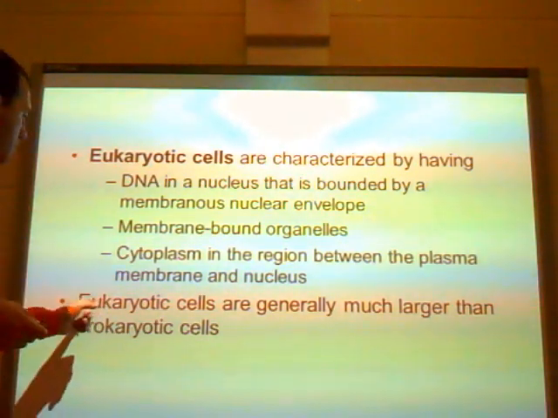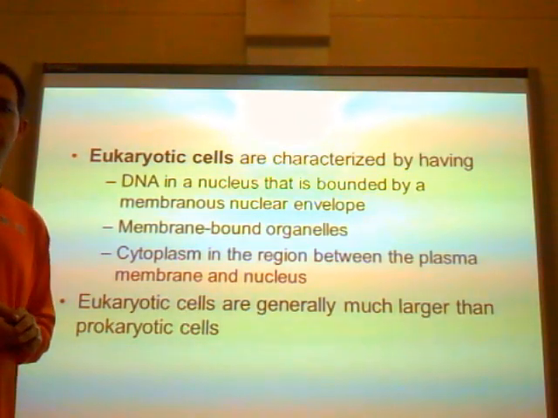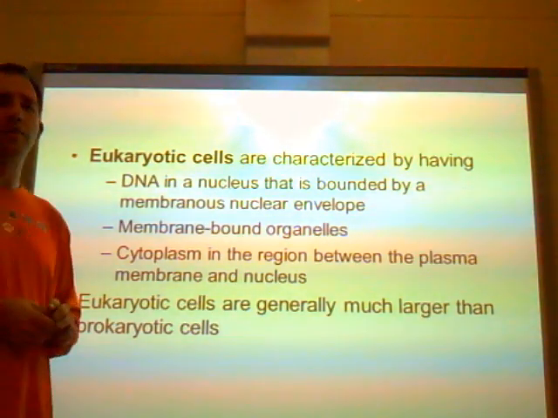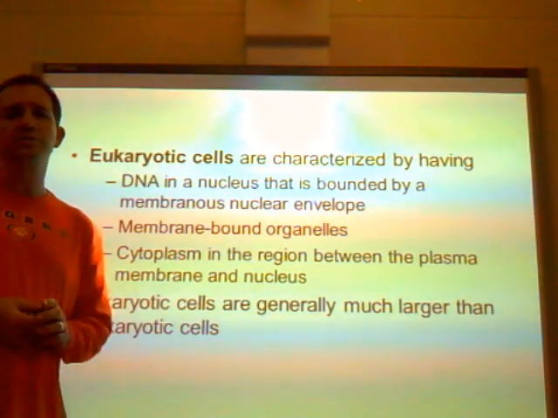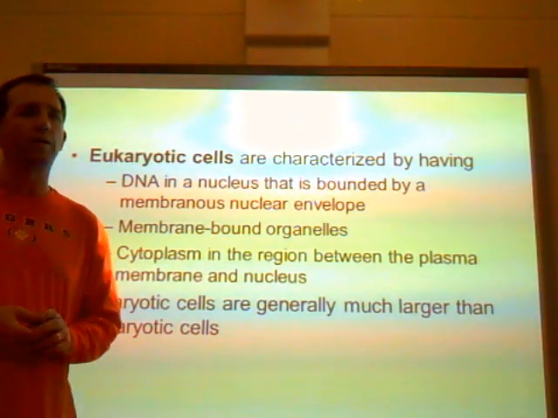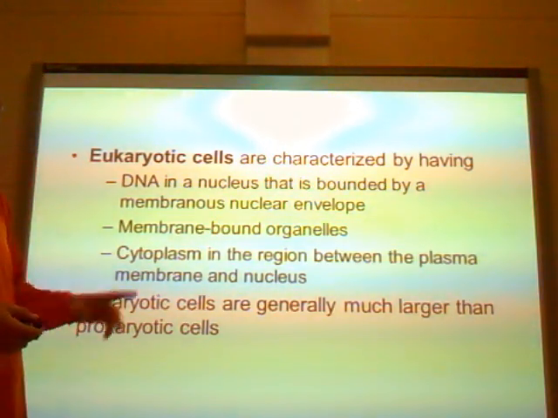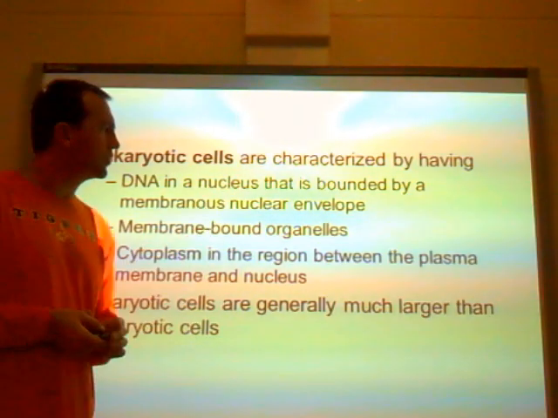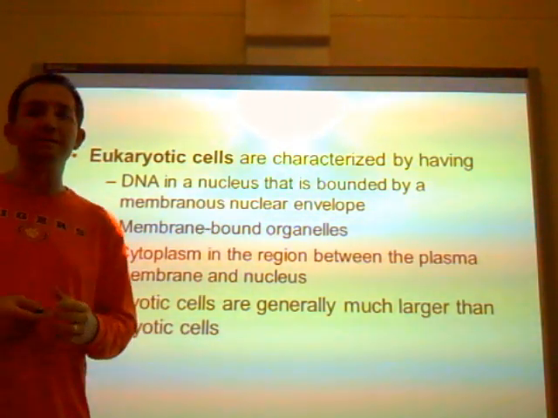They typically are much larger than your prokaryotic cells are, and they're going to do a lot more things than your typical prokaryotic cell is able to do. So first of all, we have a nucleus that is bounded by a membrane.